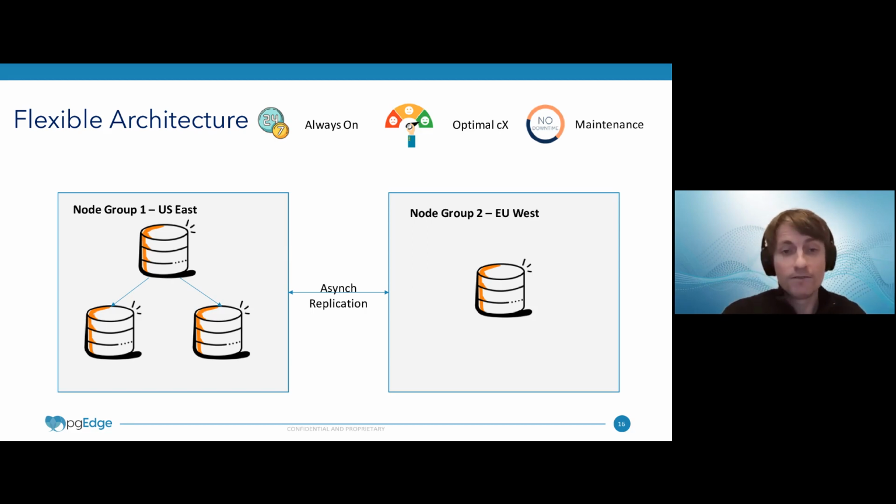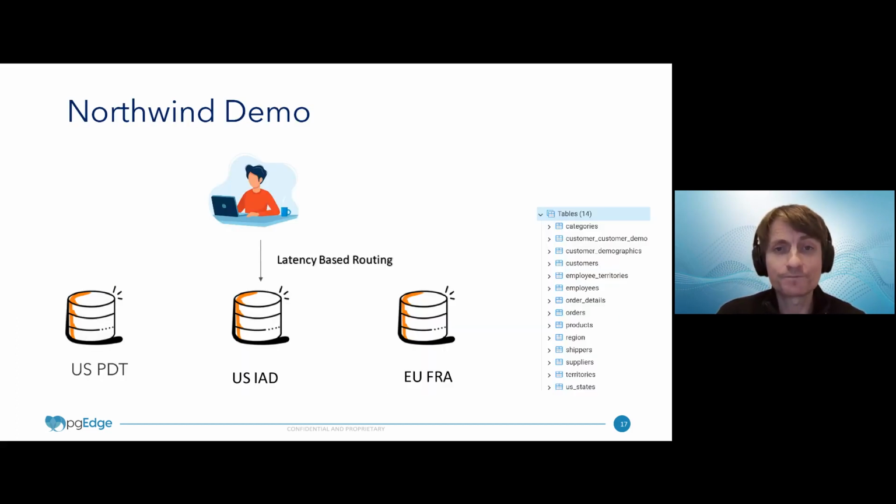You could have physical replication for a particularly critical area, or you could not, and you can leverage the best of what you specifically need at any given time to make sure that you're always on. You're getting that optimal experience for those end consumers of the data, and being able to update and adapt your application as needed. So there are two specific demos that I want to show.